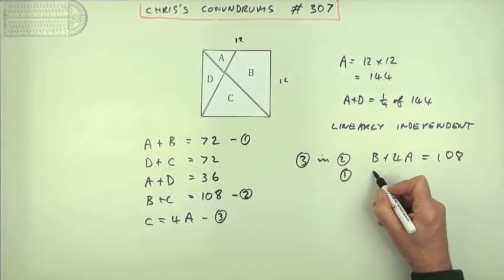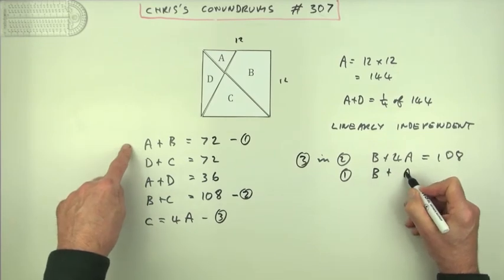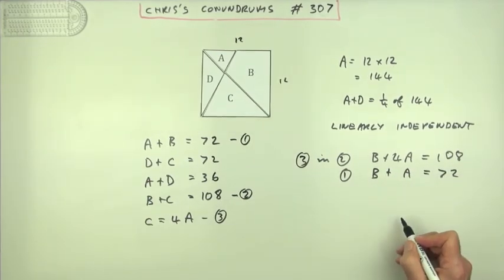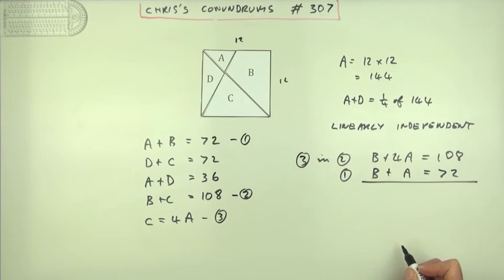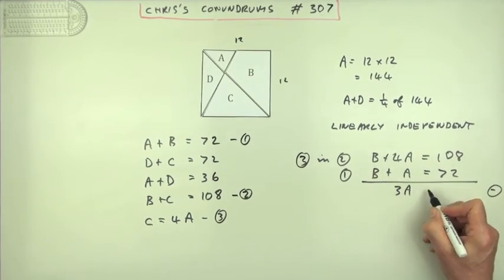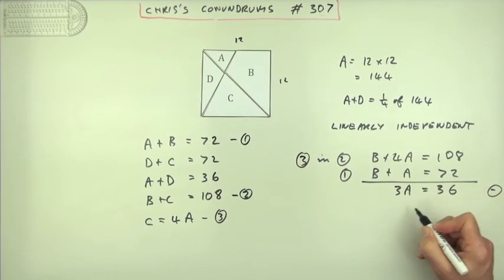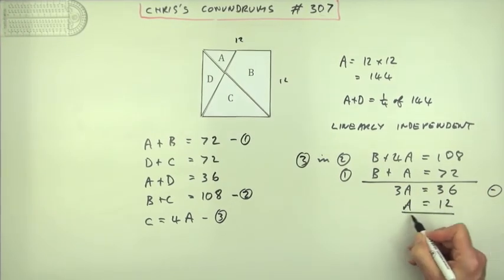Put on this next one, number 1, B plus A equals 72, and subtracting them would give me 3A equals 36, which means A equals 12.